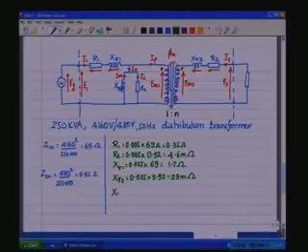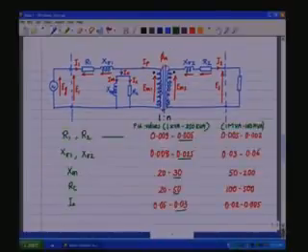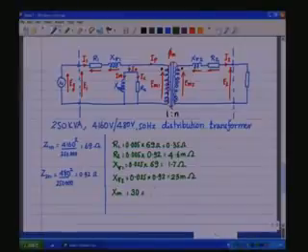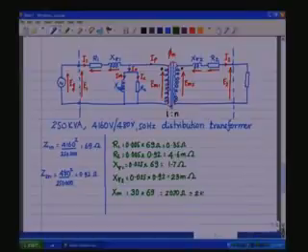Now Xm, the magnetizing reactance. The magnetizing reactance has a per unit value of 30, which is 30 into, on the primary side, 69 ohms as the base impedance, which gives you 2070 ohms, or roughly about 2 kilo ohms.